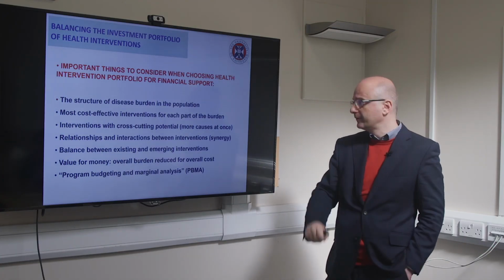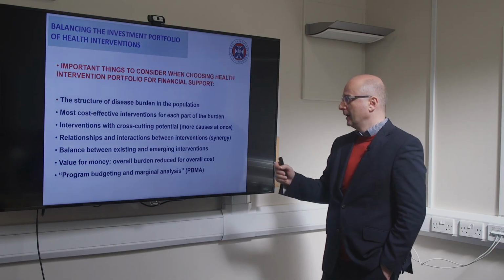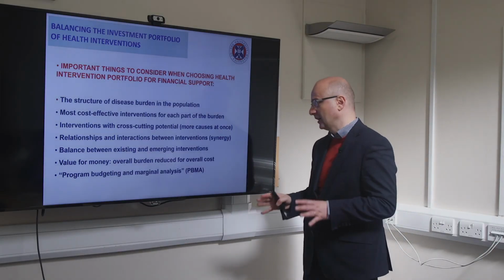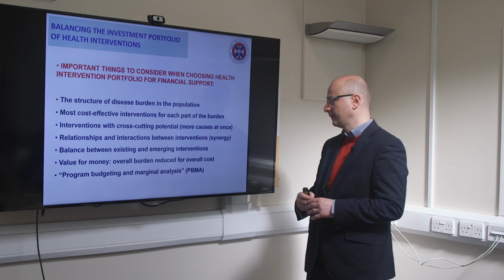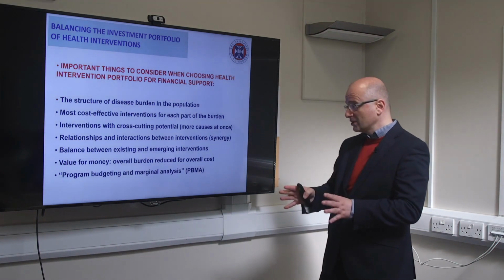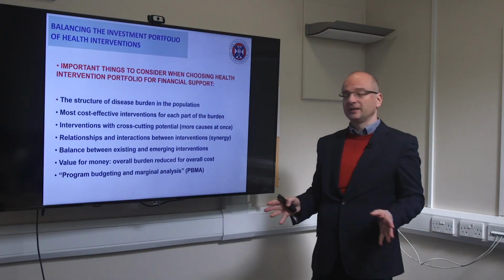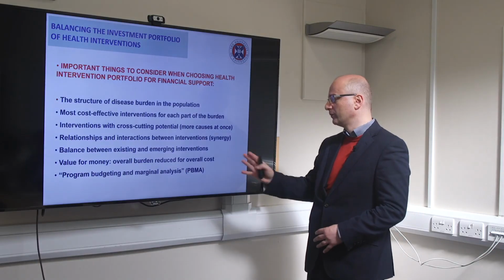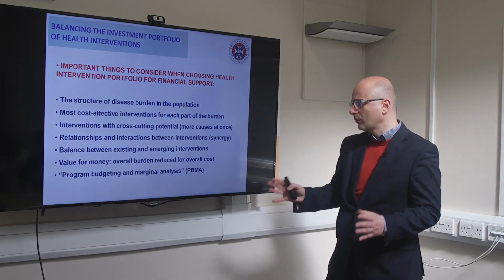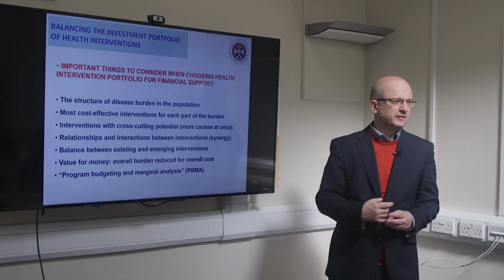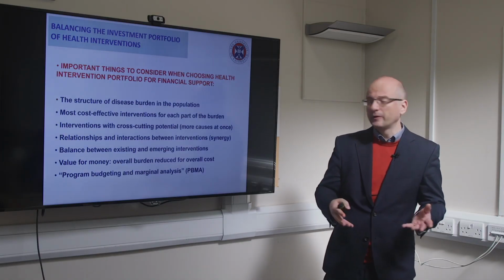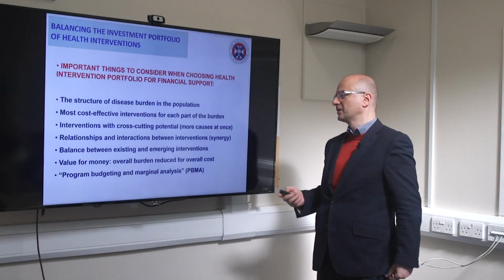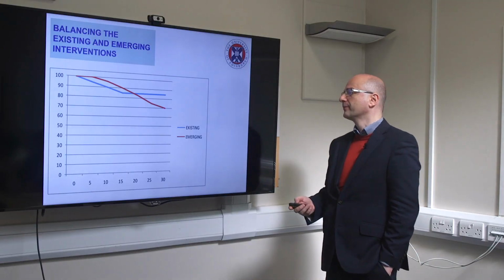Clearly, the structure of the disease burden in the population; the most cost-effective interventions for each part of the burden; interventions with cross-cutting potential, which can reach and affect more causes at once; relationships and interactions between interventions, whether there's any synergy; balance between existing and emerging interventions; value for money, overall burden reduced for overall cost; and so-called program budgeting and marginal analysis, because at the end of it all, you also need to build your portfolio and define your portfolio of investments and decide of all those options which are more or less cost effective, which ones you want to focus on.